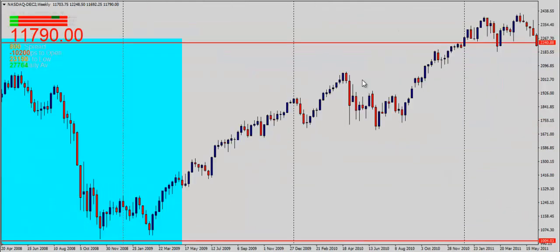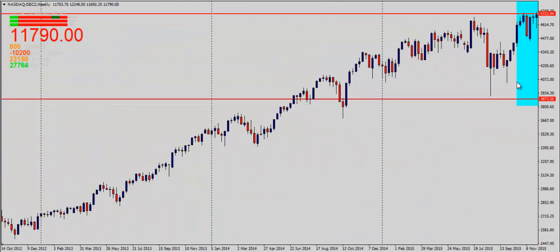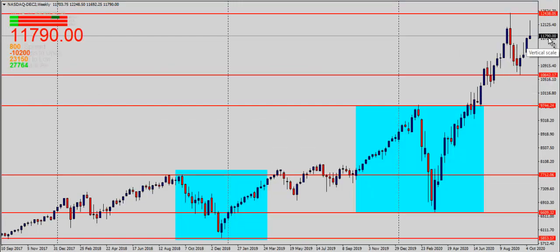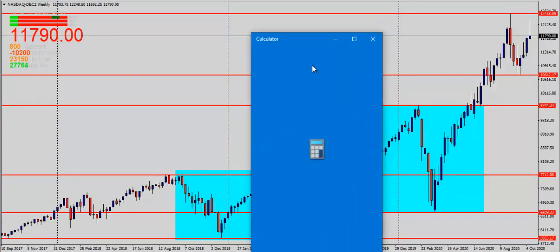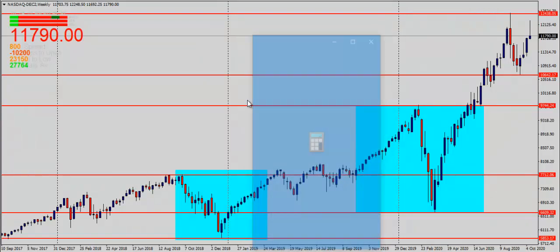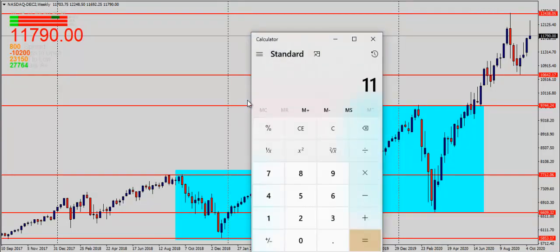we can use the information in such a way, like we have the current market price at 11,790. So let's take out our calculator. $11,790 minus 39%. This calculation is considering severe or worst case scenarios, extreme worst case scenarios.